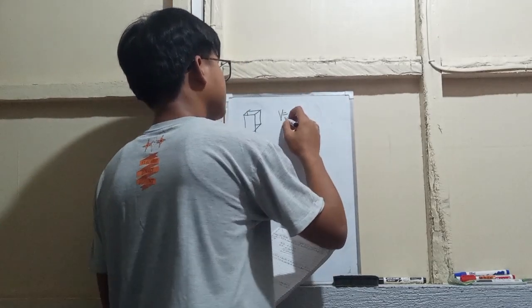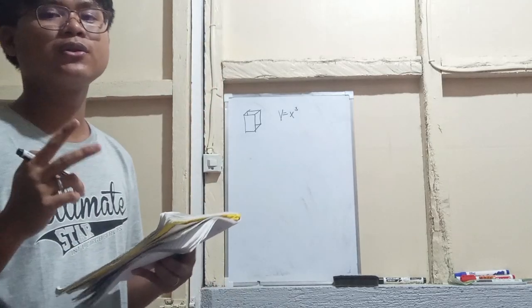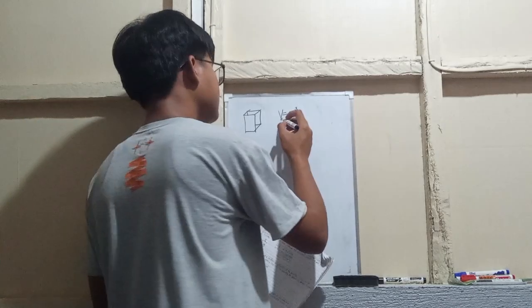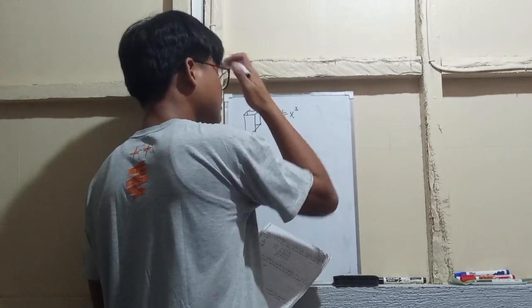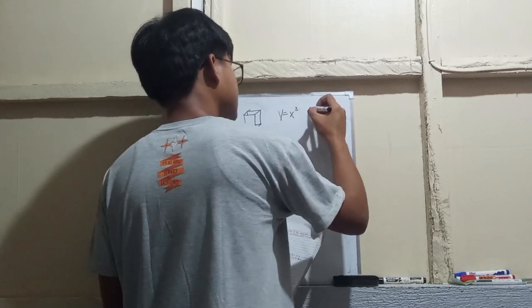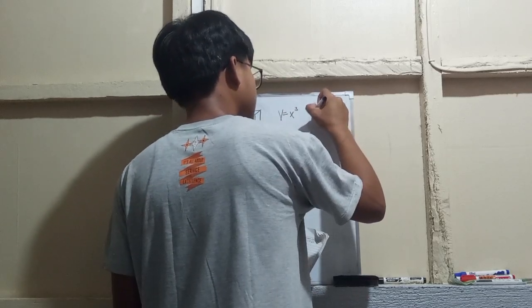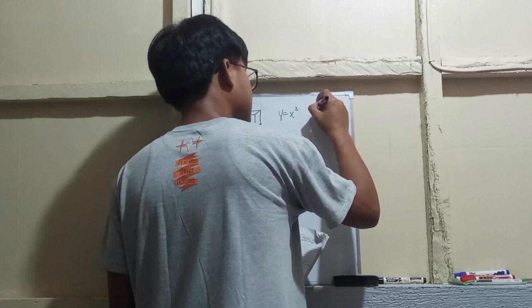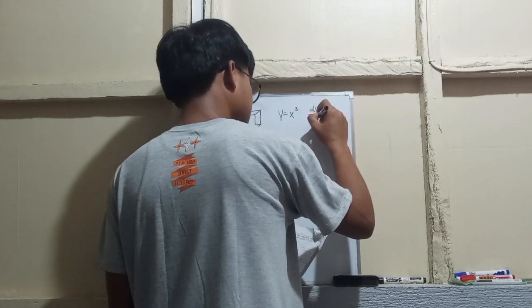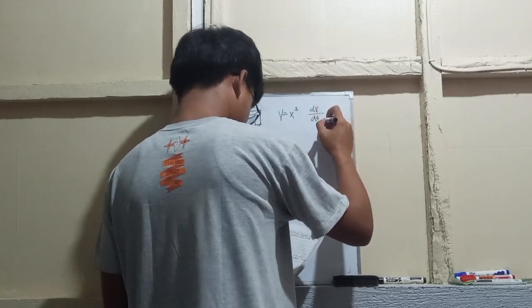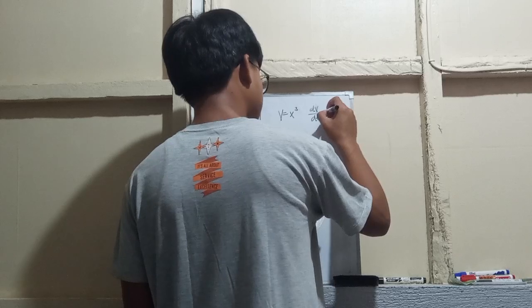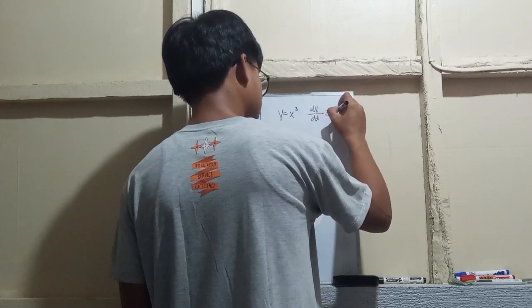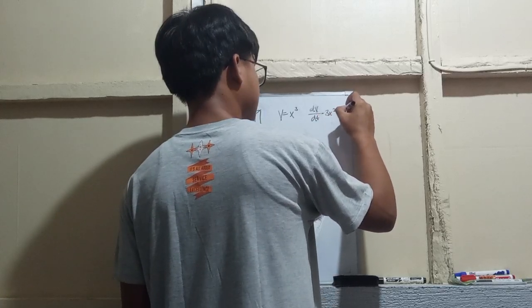We'll differentiate the volume formula. So we will now have dv over dt is equal to 3x squared dx over dt.